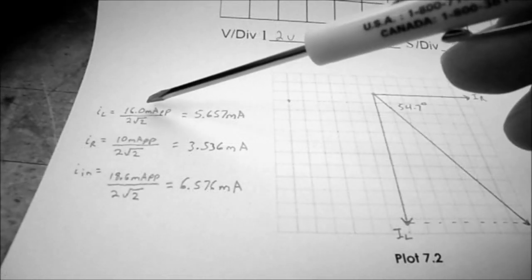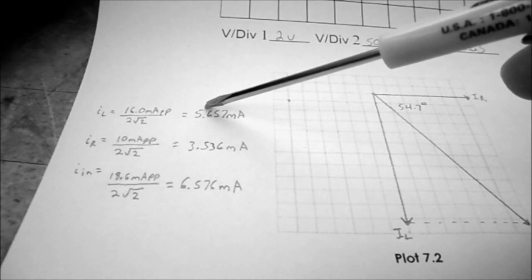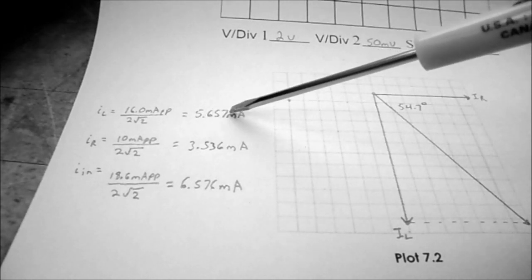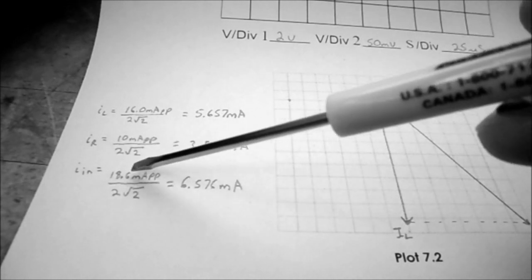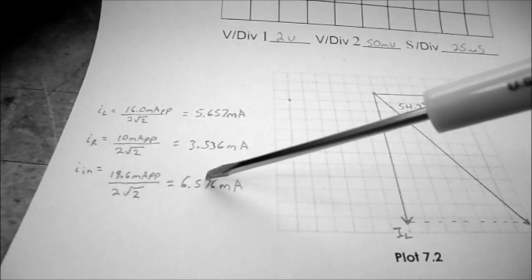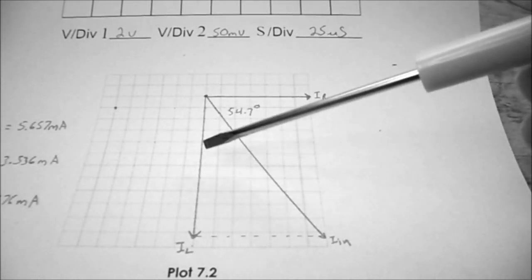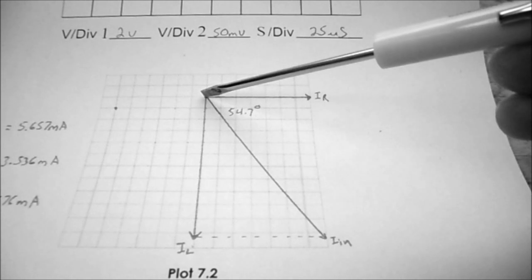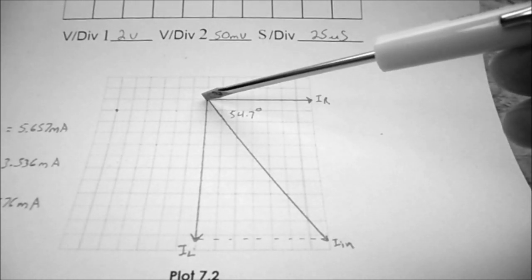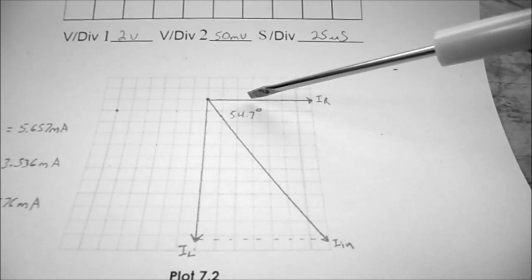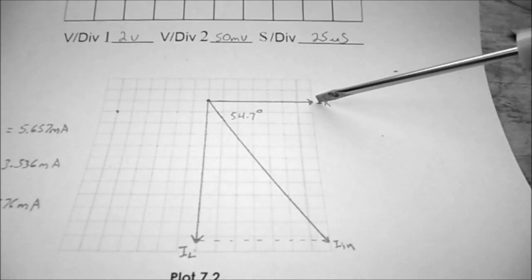So remember to convert your current in peak to peak to RMS. So my IL converts to 5.6 milliamps, IR converts to 3.5 milliamps, and I in is 6.57 milliamps. Now when drawing your phasor, remember your 0 point does not have to be in the center of the diagram. We can put it up here so that I've got .5, 1, 1.5, 2, 2.5, 3, 3.5 for my IR.